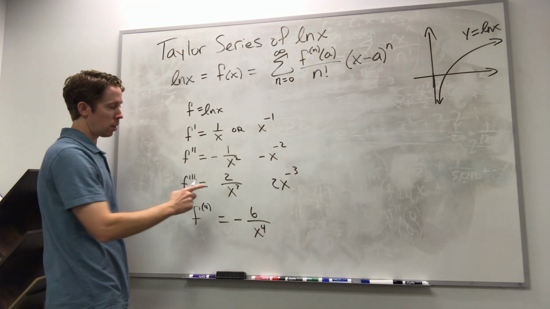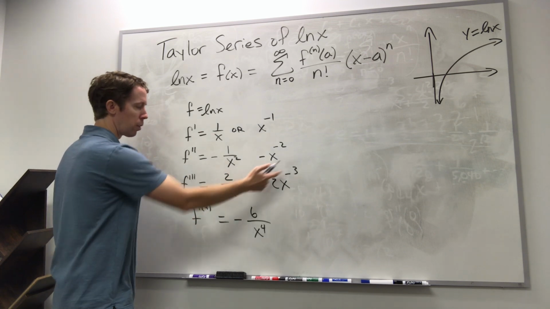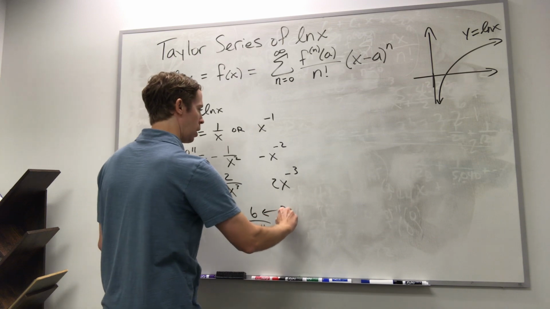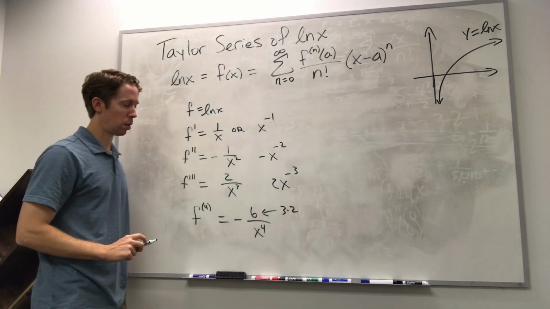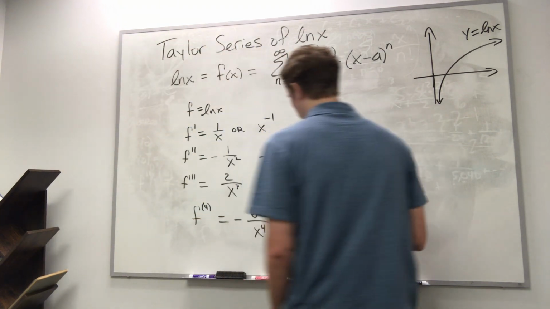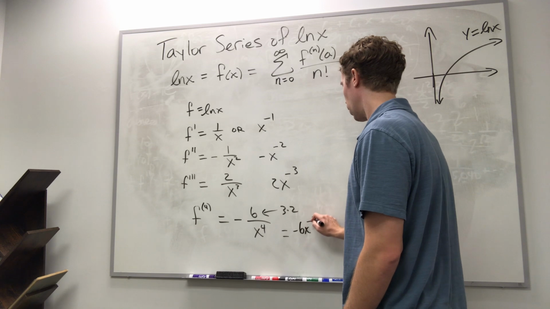And I'm noticing for this pattern, this 6 came from multiplying 2 by 3. So I'm going to think of this as 3 times 2 for the purposes of finding that pattern. And then I know this is also negative 6x to the negative 4.